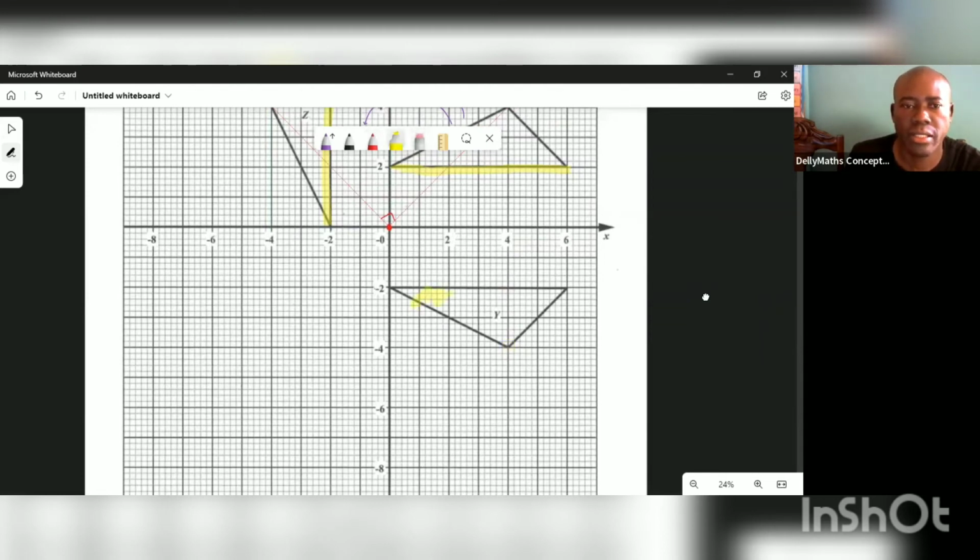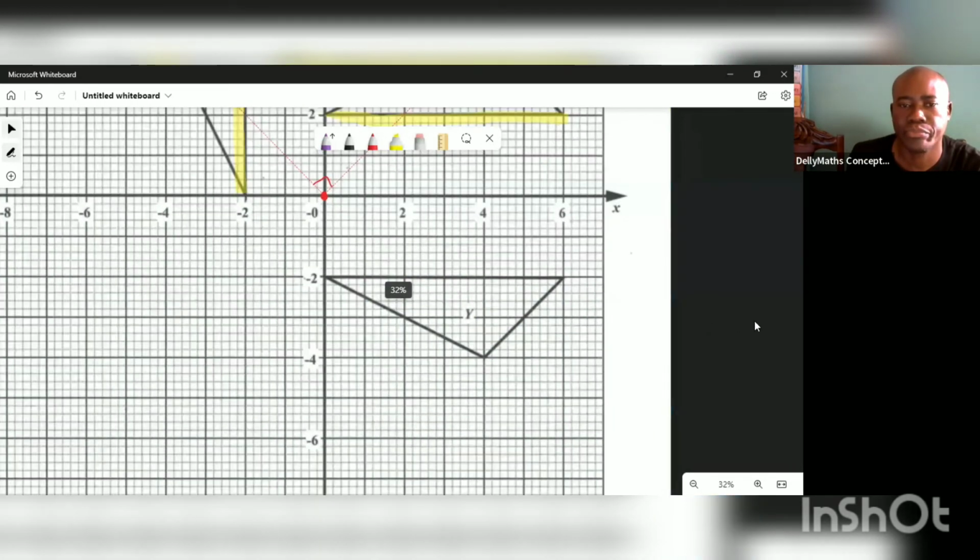Our triangle Y is this, and we want to translate that triangle -7, 1.